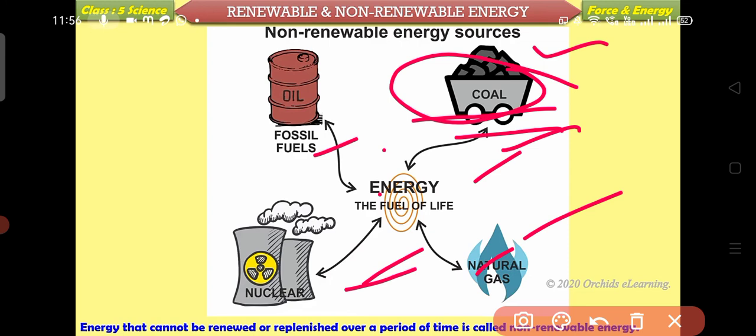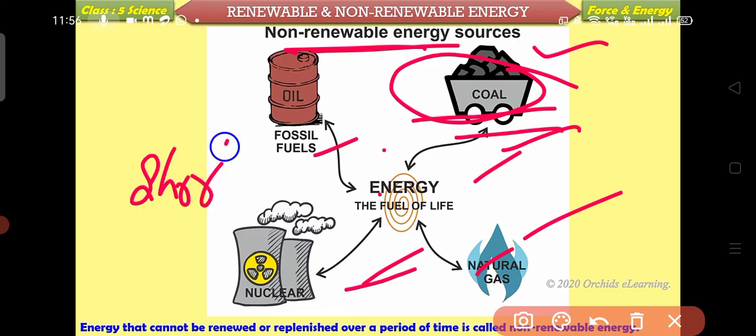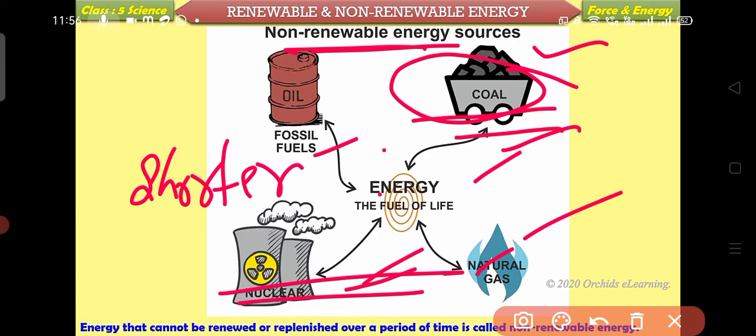Likewise, these are non-renewable, and these energy sources help us, but they cannot help us for a longer duration, only a shorter one. Hence we have to protect these non-renewable resources and use them in a limited manner.